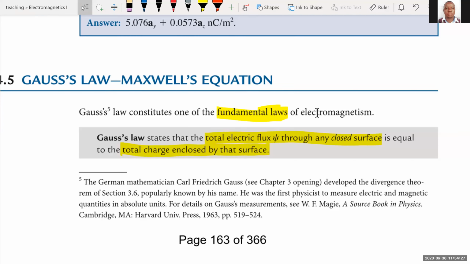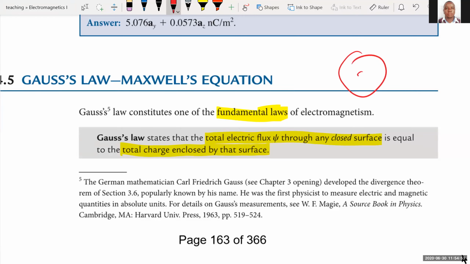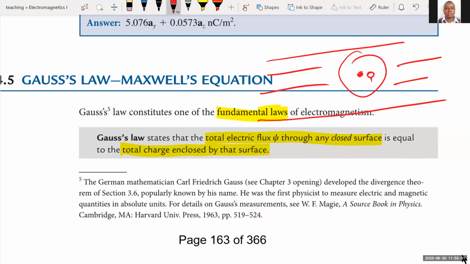And Gauss's law states that the total electric flux psi through any closed surface is equal to the total charge enclosed by that surface. In very simple terms, you have a closed surface that has some charge Q, and you have flux that is flowing. The flux that will go through this volume or closed surface will be equal to the charge.